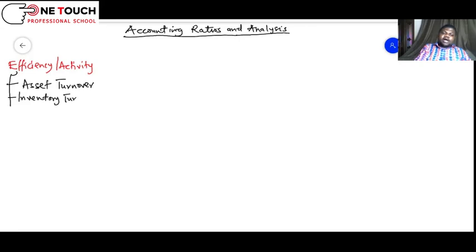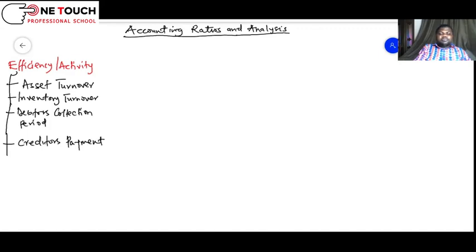Inventory turnover is also under efficiency. The debtors collection period is an efficiency. Then we have the creditors payment period.